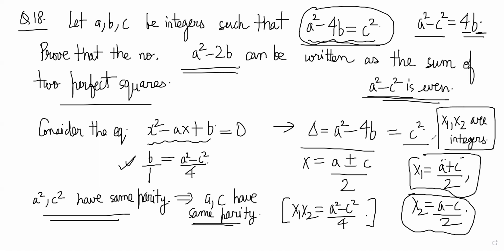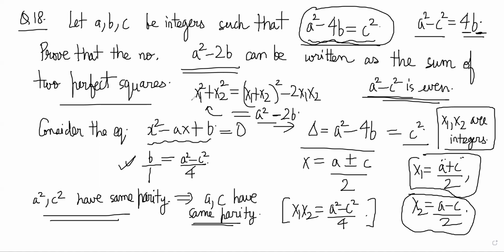And if x1 and x2 are integers, then obviously x1 square plus x2 square, which is equal to x1 plus x2 whole square minus 2 x1 x2, which is a square minus 2b, is also an integer.